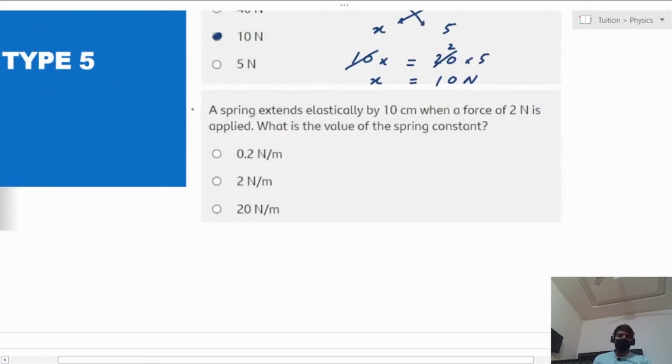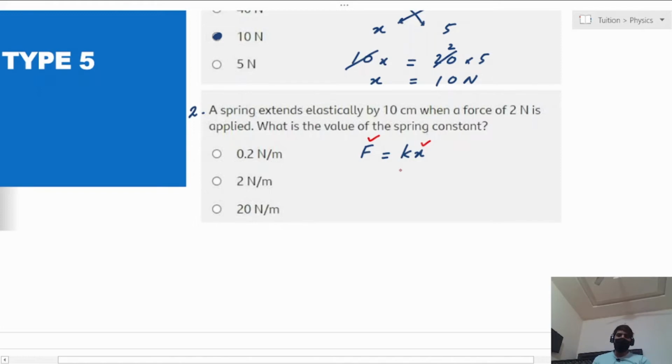Now the next question is the spring extends elastically by 10 centimeter when a force of 2 Newton is applied. What is the value of spring constant? As you see, the formula once again was F equals kx. In this question, you're given the value of F, and you're given the value of extension.